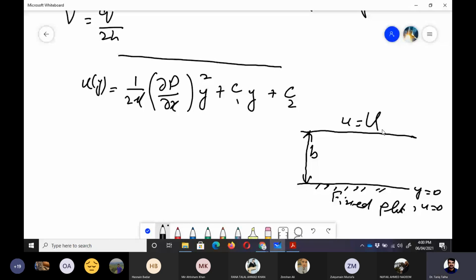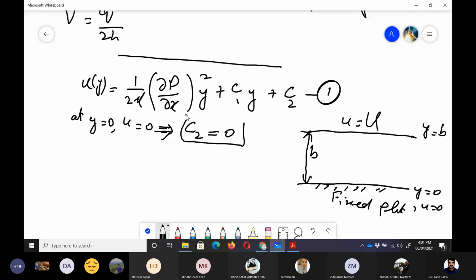So first of all, we put at y is equal to 0, u is equal to 0. If we put it in this equation number 1, we can see that this term is 0 because y is being multiplied. This term is also 0 because y square is here, and u of y is 0. So we can write C2 is equal to 0. Right, so C2 is equal to 0.